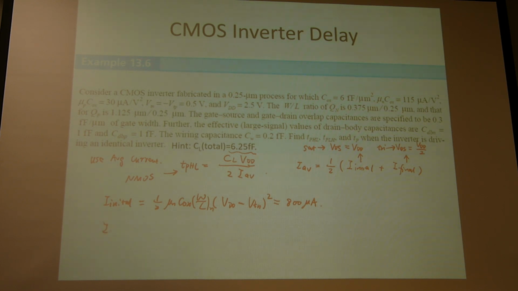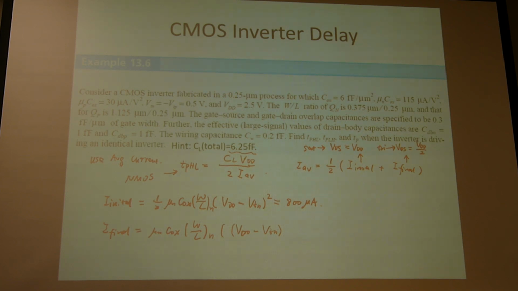And then the final current is a triode current. And you know the triode current equation is like this: VGS minus VTN, where VGS is VDD, times VDS.